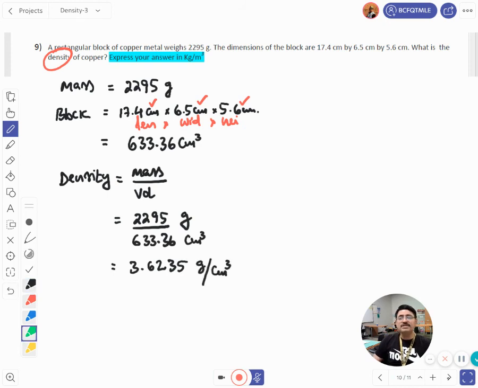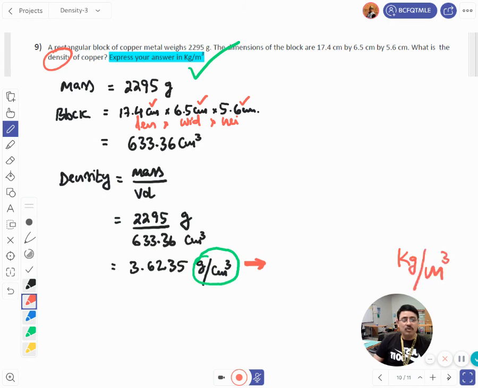But the question asks you to express in kilograms per cubic meter, not in grams per cubic centimeter. In such a case, if you want to convert grams per cubic centimeter to kilograms per cubic meter, simply multiply by 1000.